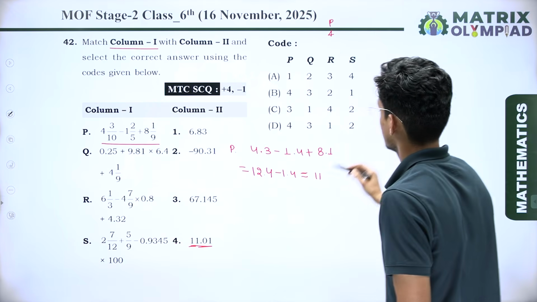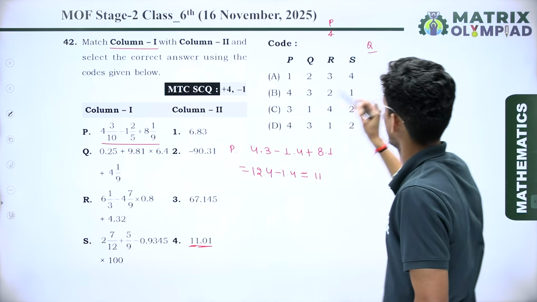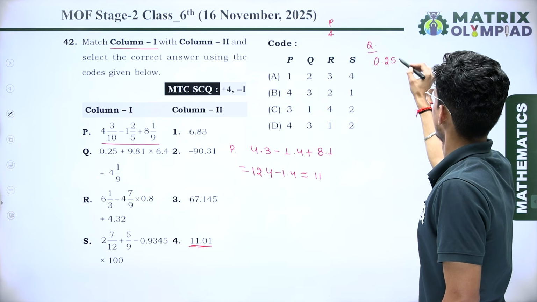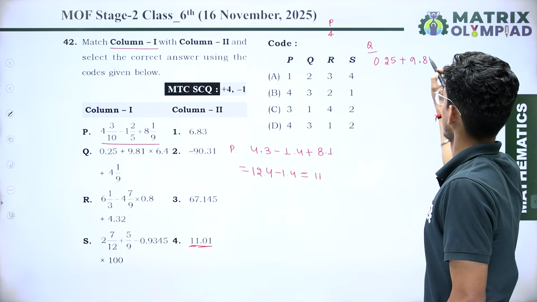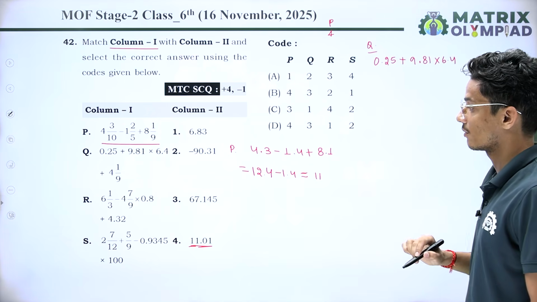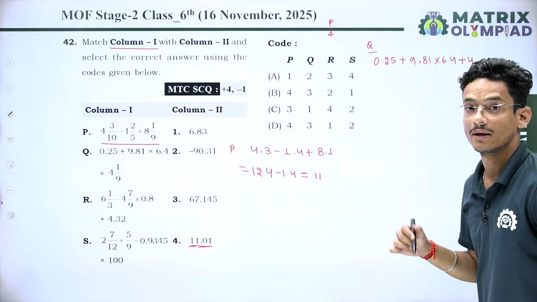So next if I talk about the Q, that is 0.25 plus 9.81 multiply 6.4 plus 4 and 1 by 9.